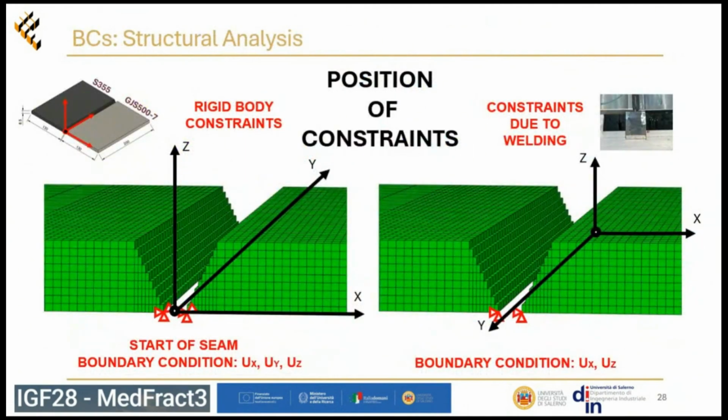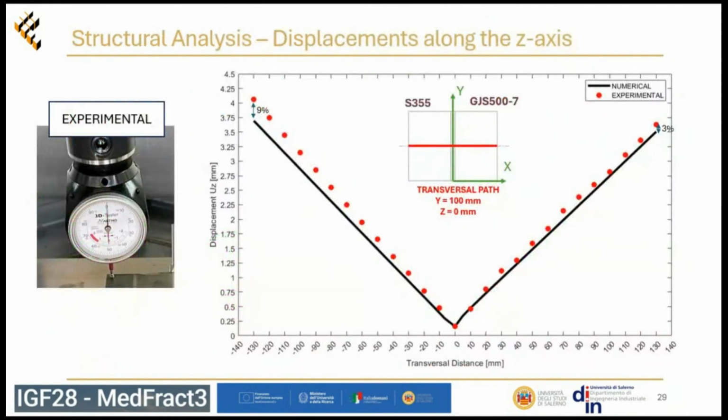For our structural analysis, as boundary conditions, we used a rigid body constraint at one side of the welding bead, and at the other side, we used a constraint due to welding, as in the real case. To validate our structural analysis, we made a comparison between displacement along the z-axis.